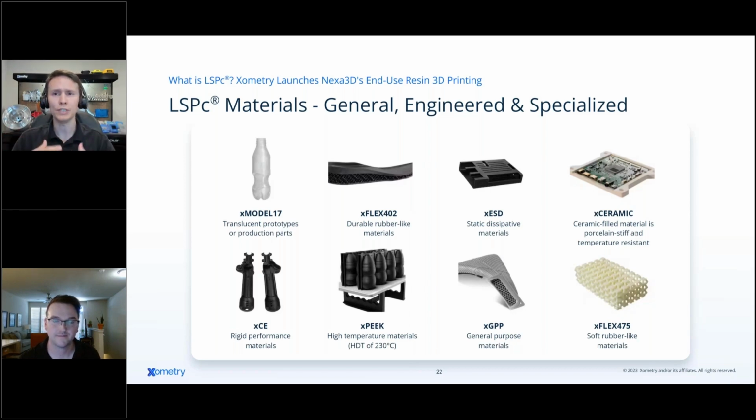We did launch with over a dozen materials within this process, and each one has different strengths and attributes. This is just a visual gallery of some of these. But I'm going to dive in in a second and talk about how they may compare against each other as well. Let me just jump into that.